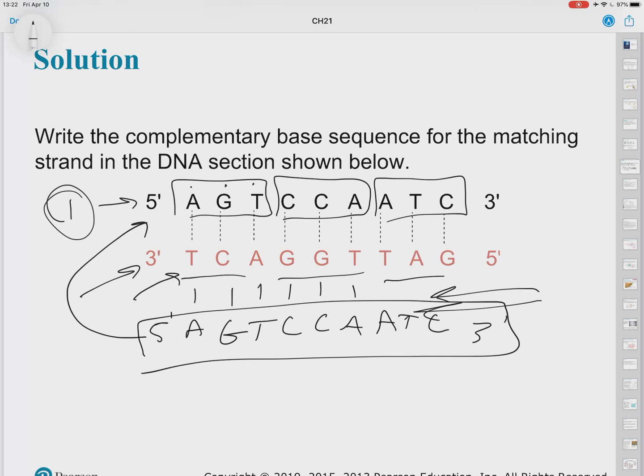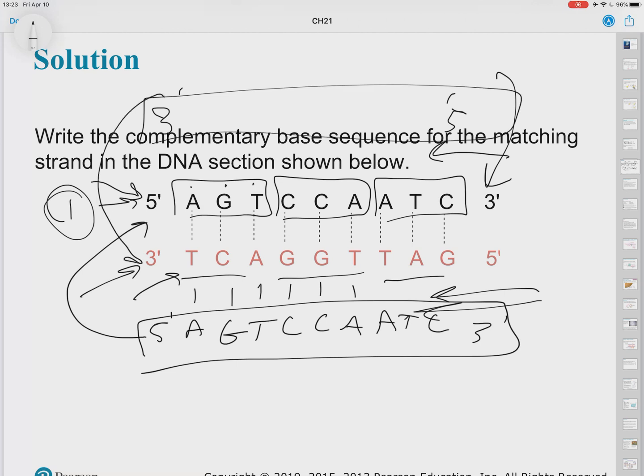And so that's where sometimes the confusion comes in. Students are trying to understand that the DNA is written from 5' to 3', and so when they get a piece of DNA like the number 1 strand, they look at this end and try to write a strand from 5' to 3', and you end up with a sequence that's different than the one you would get. Well, I guess that's not true.